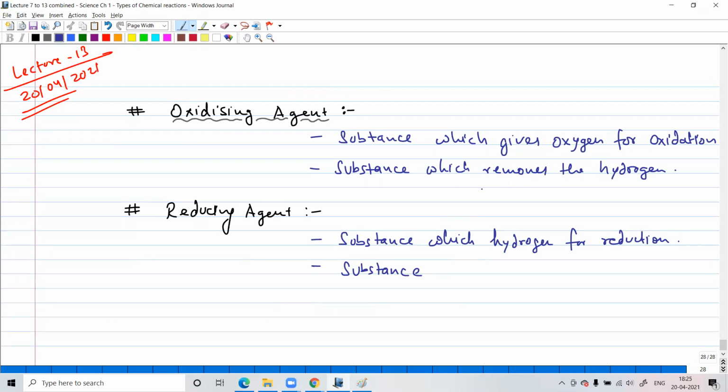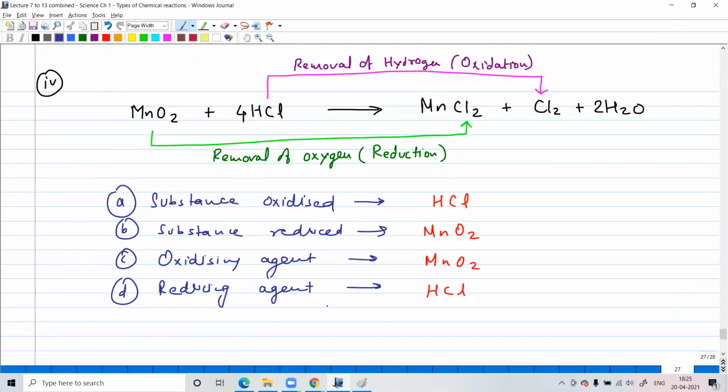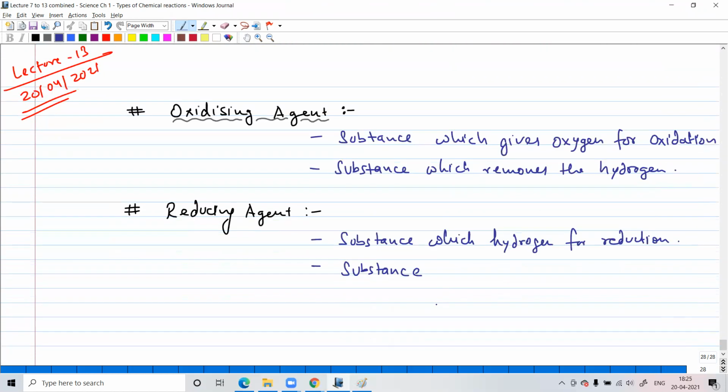It doesn't mean the substance from where the oxygen was removed, not that one. It means the one which facilitated the removal of oxygen from there. Like in this case, oxygen was removed, right? Why did it get removed? Because of hydrochloric acid. So HCl becomes the reducing agent. The substance which removes the oxygen.